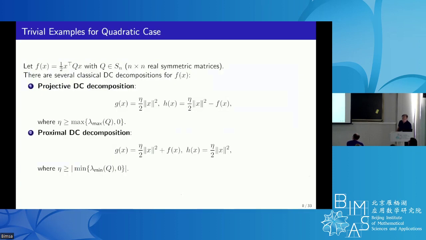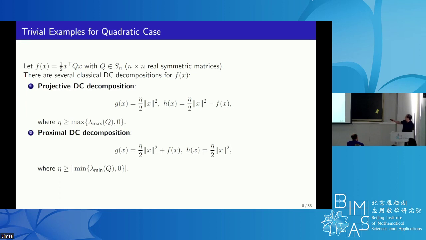So here is just a very short example to show what's going on. For example, if we have a trivial quadratic form f(x), written like this, Q is an n times n real symmetric matrix, and there are several classical DC (difference of convex) decompositions for f.